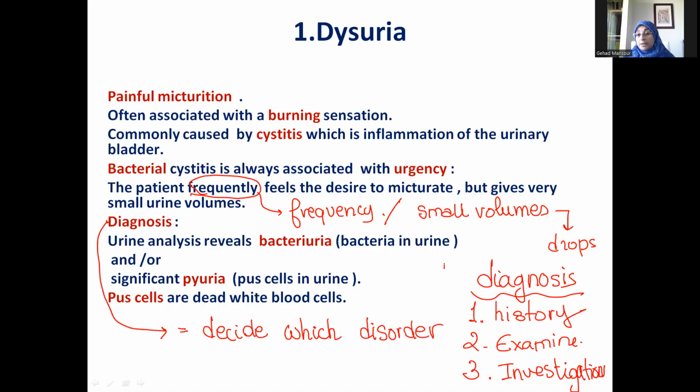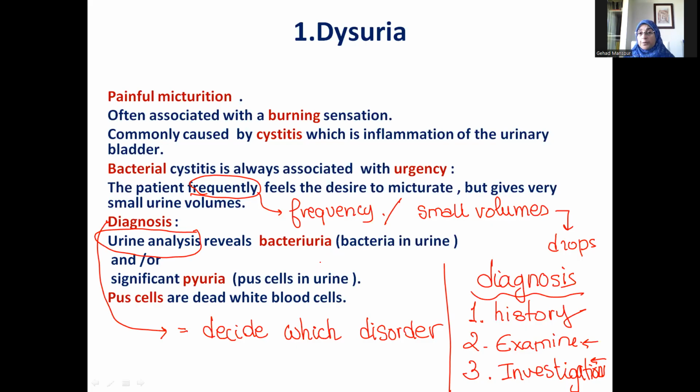Because every step tapers the diagnosis. If you have a differential diagnosis, meaning that you have in your mind 3 or 4 possible diseases that can cause this symptom, then you need to taper the diagnosis by examining the patient and then by doing investigations. So the most important investigation here is urine analysis.